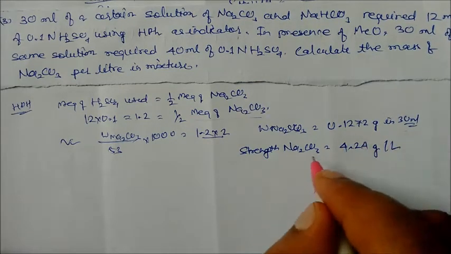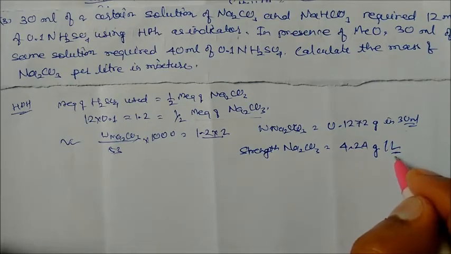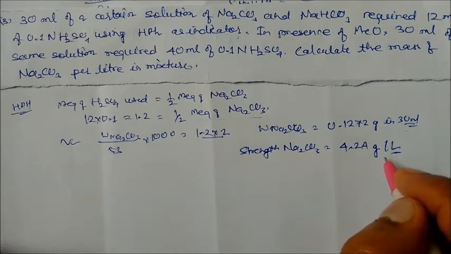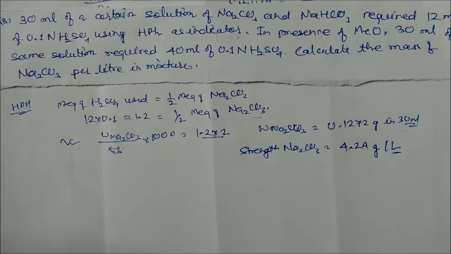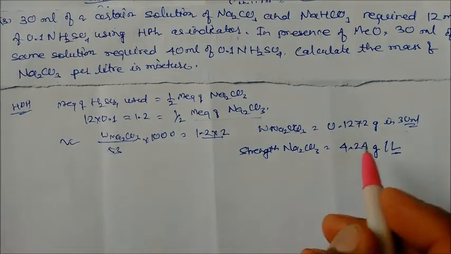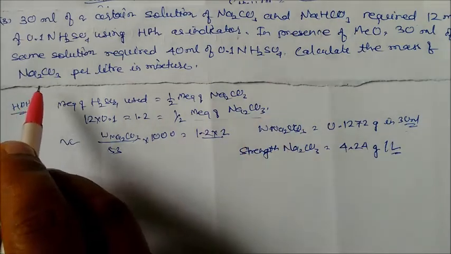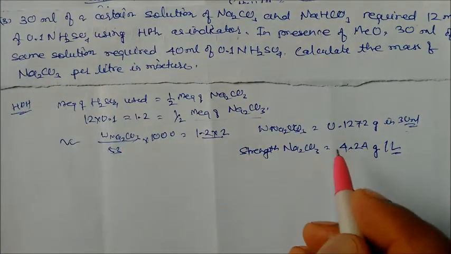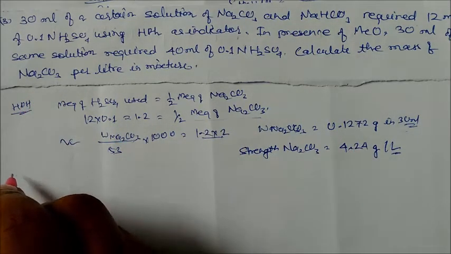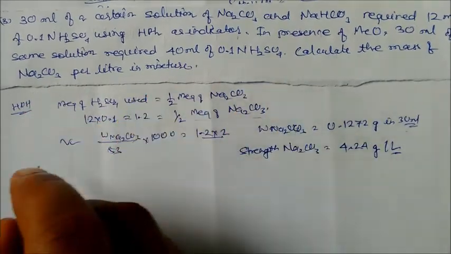This is for 30 ml, so for 1000 ml we get this answer. So the question is over, the mass of sodium carbonate per liter is this much gram. Suppose we want to find out again the mass of sodium bicarbonate, which is not given here.